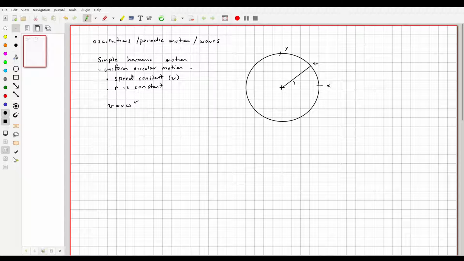So one revolution would mean that, if you think about the definition of angular velocity, which on average is how the angle changes over time, you're sweeping through 2 pi radians once every period.